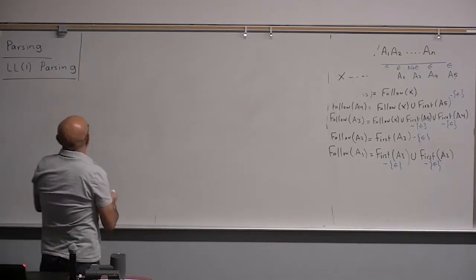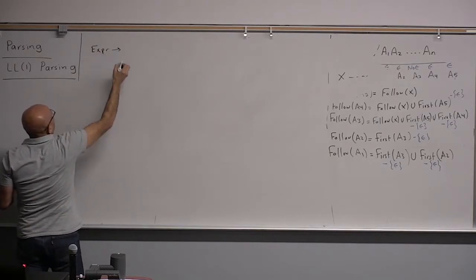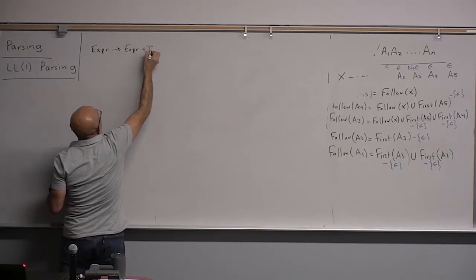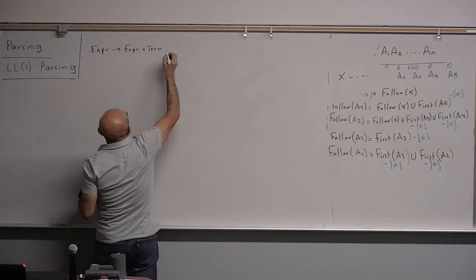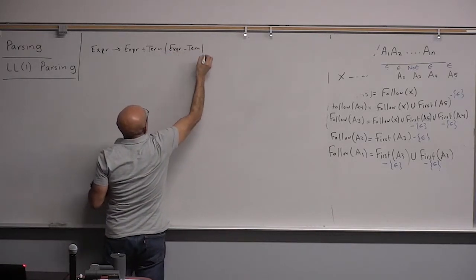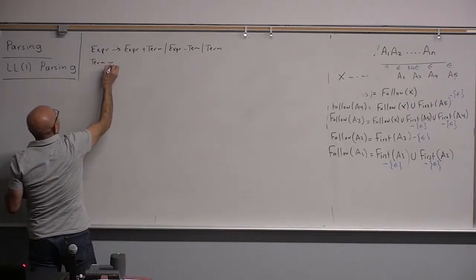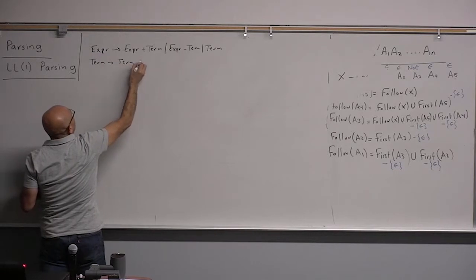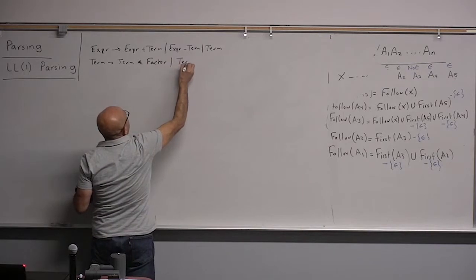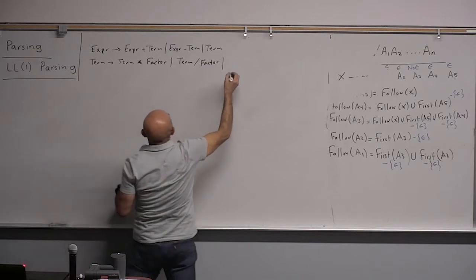Now let's rewrite the classic expression grammar. Expression is expression plus term, or expression minus term, or term, where term is term times factor, or term divided by factor, or factor.